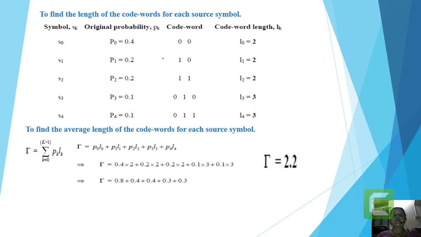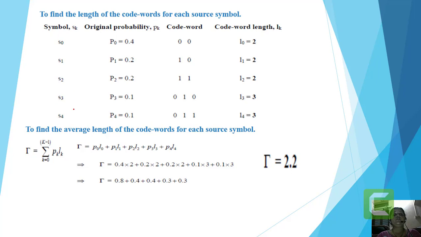After getting this table, we have to calculate the average length of code words for each source symbol, which we have written as rho equal to summation k equal to 0 to K minus 1 of pk lk.